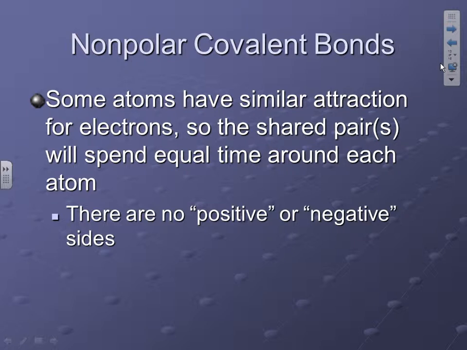Where would we have the highest probability of finding those electrons if they are being shared evenly? Well, if you're sharing something evenly, where do those electrons stay most of the time? Right in the middle. So the probability of finding electrons in a non-polar bond is right in between the two atoms. Okay?